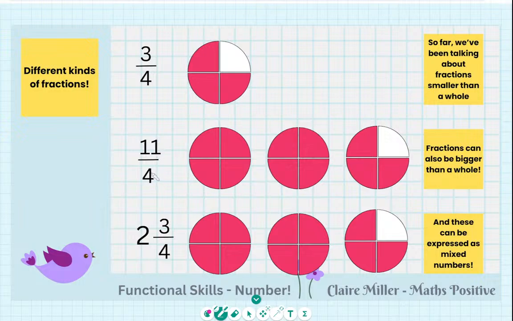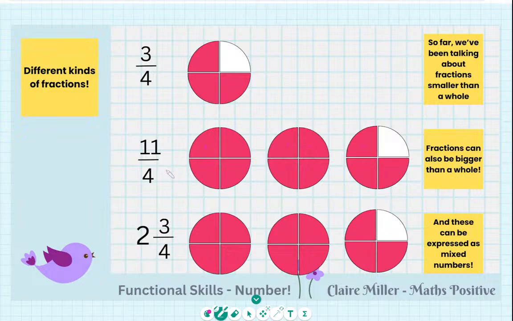So 11/4 would look like this. It's like I've got one pizza that's cut into four. I've got a second pizza that's cut into four. That's 8/4. And then I've got three more. So 11/4 in total. But instead of thinking about it as 11 slices, I could think of it as two whole pizzas and 3/4 of a pizza. Yeah?